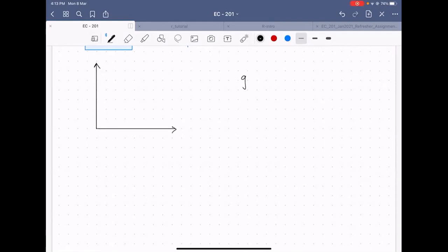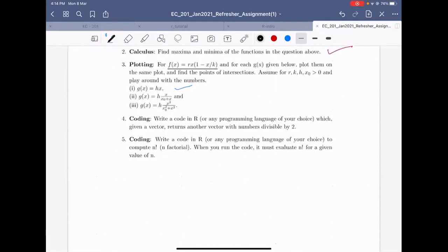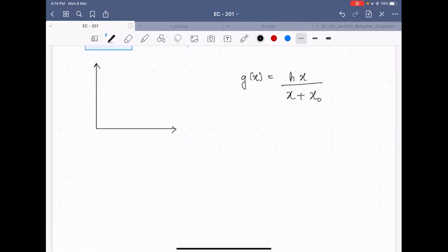My gx looks like h x plus x naught. Is this correct? Okay, how do you even go about plotting this graph? What would be the first thing that I should look for?